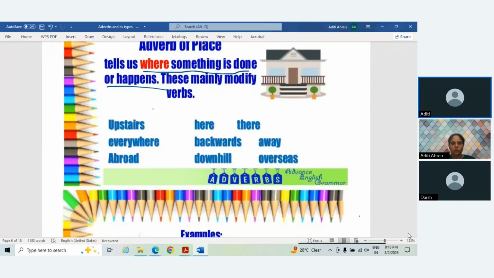Here the question word is where. Writing.